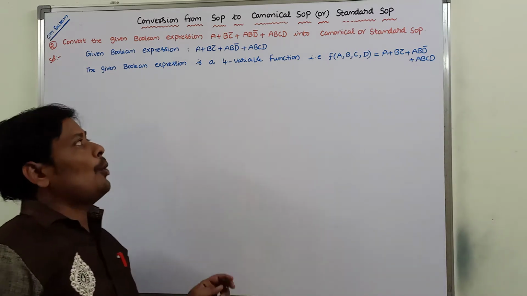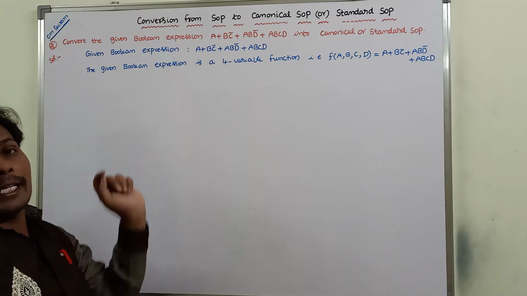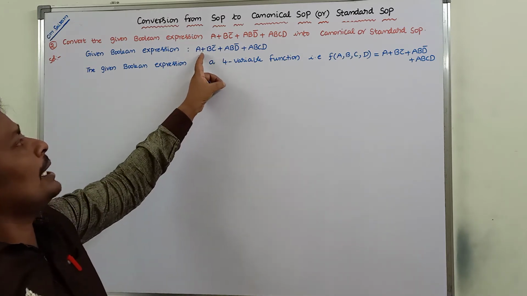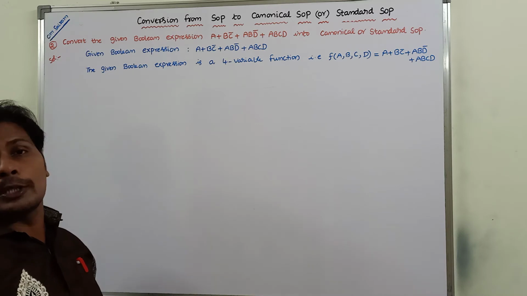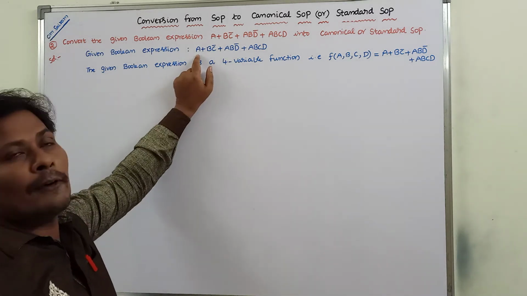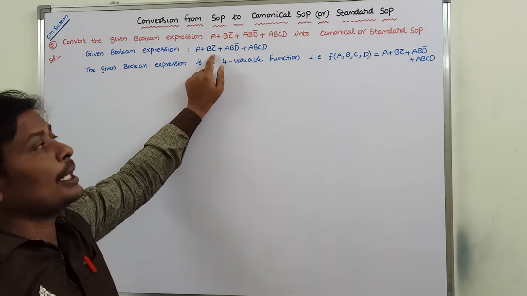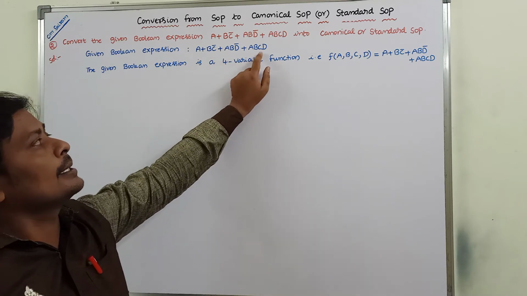Now observe the given Boolean expression. It contains 4 terms: this is the first term, this is the second term, this is the third term, and this is the fourth term.